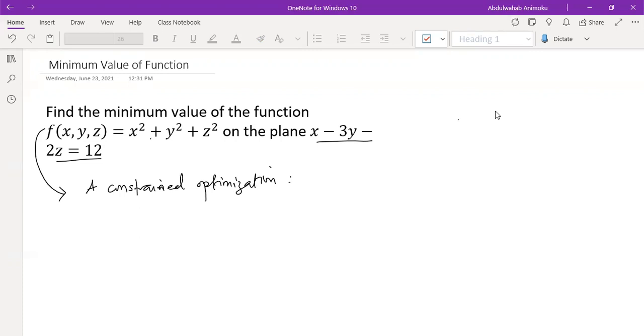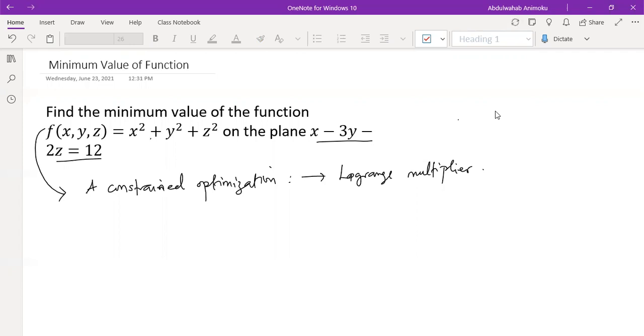The method that we use to solve this is called Lagrange multiplier, and you're going to see other problems on this channel regarding how to use Lagrange multiplier for such kind of problem. So let's just get right into it. What is Lagrange multiplier and how can it be applied to this problem?